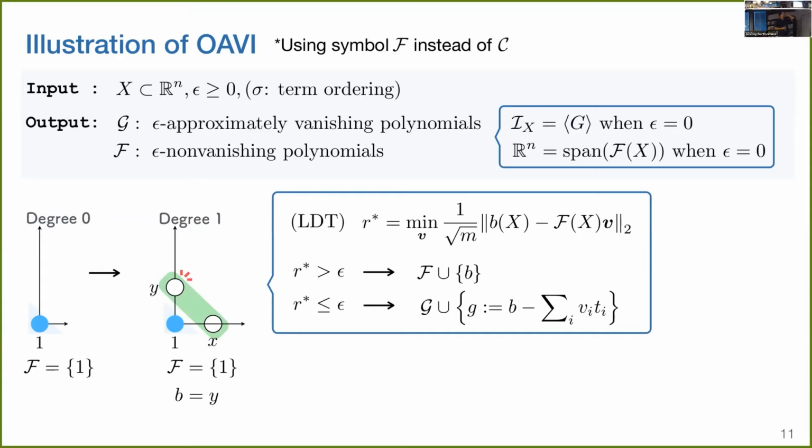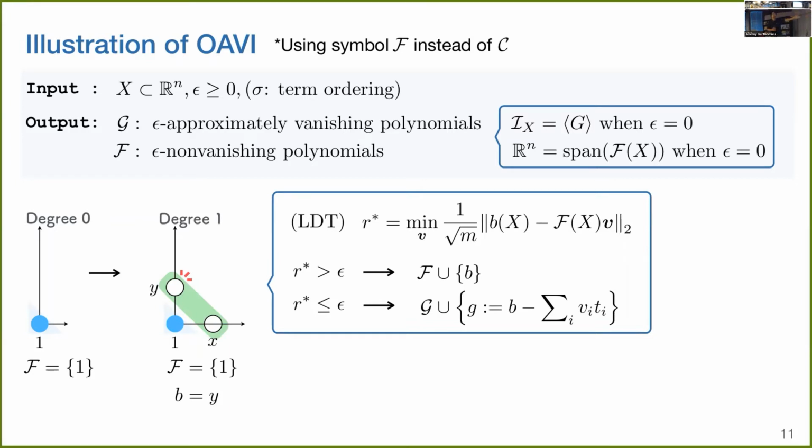So according to the ordering sigma, the next term we target is Y. Okay, (0, 1) is Y. And then we solve this linear dependency test. We solve the regression problem and see whether this Y can become a leading term of a vanishing polynomial or not. So we solve the linear regression problem and then check if this R star, the residual, is greater than epsilon or not.